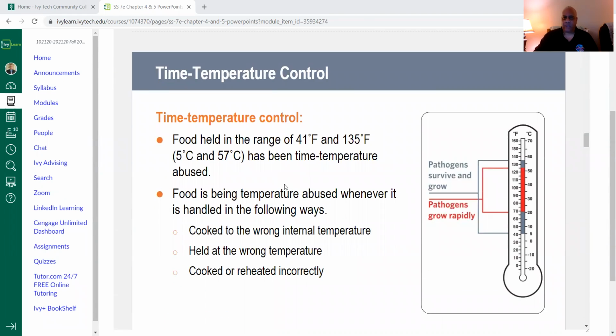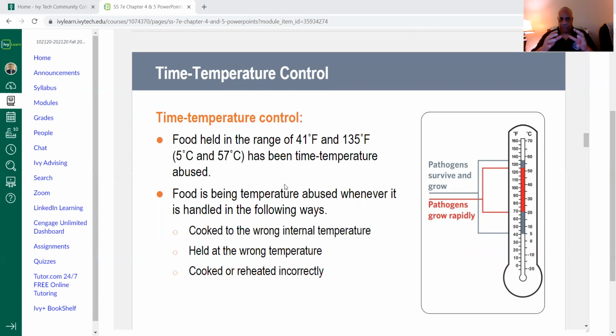We get into TTC, time temperature control. Now there's a danger zone. It used to be 45 degrees to 140 degrees. Well, now food held in a range of 41 degrees and 135 degrees Fahrenheit, or 5 degrees Celsius and 57 degrees Celsius, has been time temperature abused.